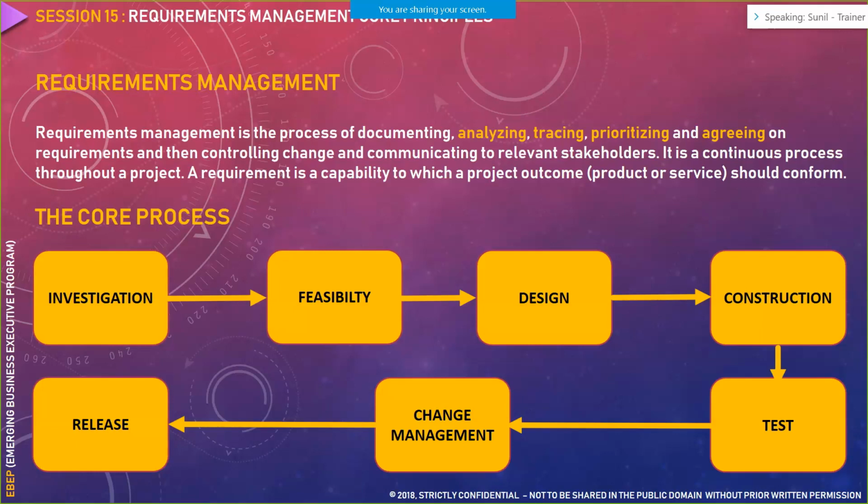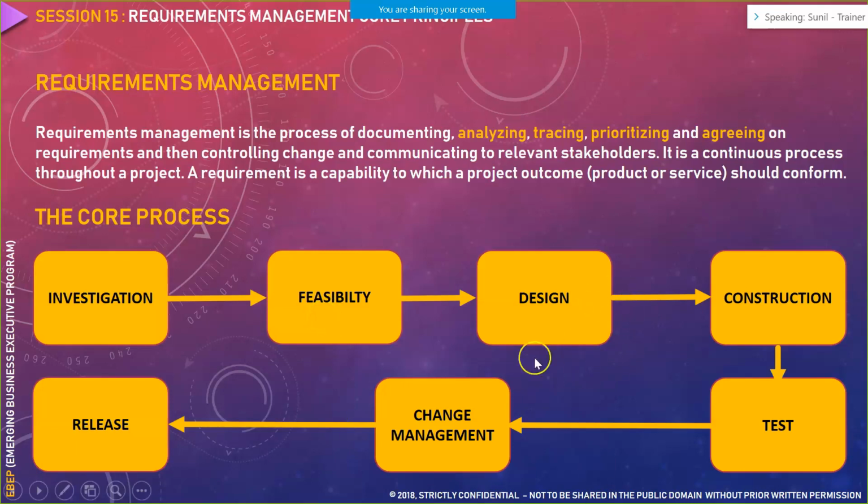Now, to start with today's session, we need to first understand the requirement management process. In this particular requirement management, these are the core processes that get executed during a project. First, we investigate how do we elicit a particular requirement. Then we check the feasibility of that requirement, whether it is doable or not.